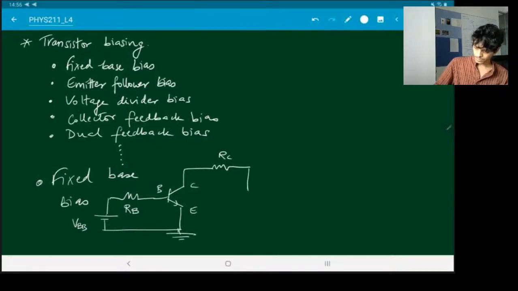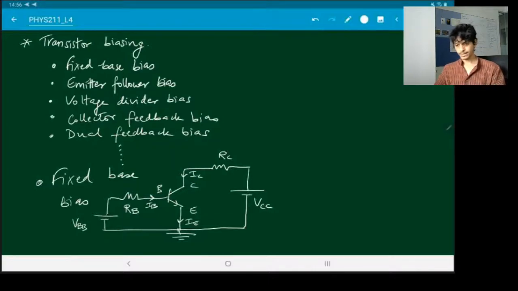And here I'll put VCC. So VBB and VCC are providing the correct biasing to our transistor. Let's also mark out the currents IB, IC, and IE.